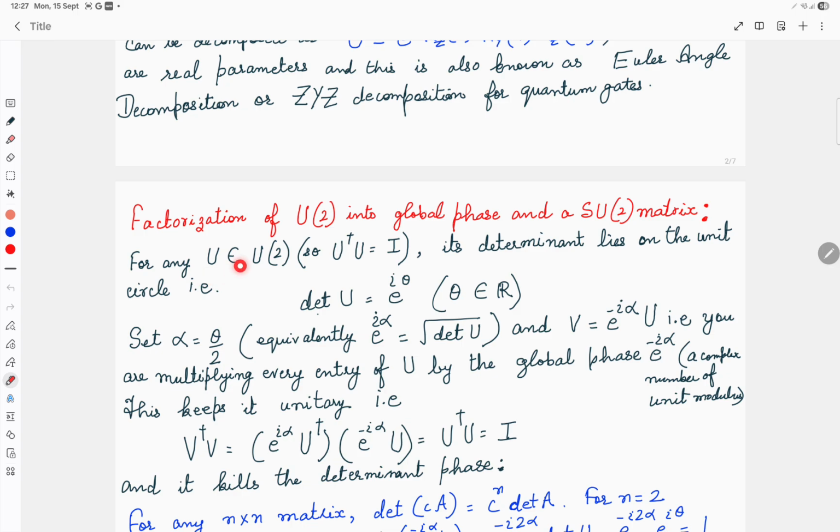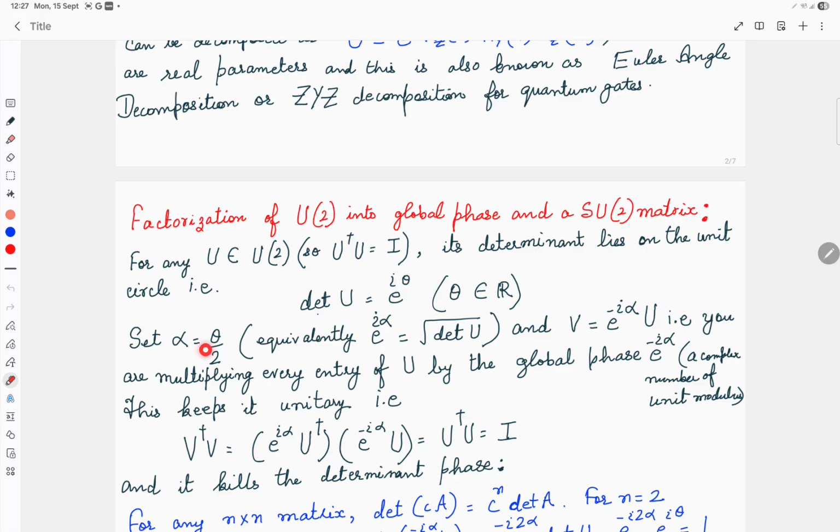For any U belonging to a U2 group, that means a unitary matrix with 2 cross 2 matrices, its determinant lies on the unit circle. Now the determinant of U is given by e to the power iota theta. This is by theorem, by mathematics, that the determinant of a unitary matrix will be given by this.